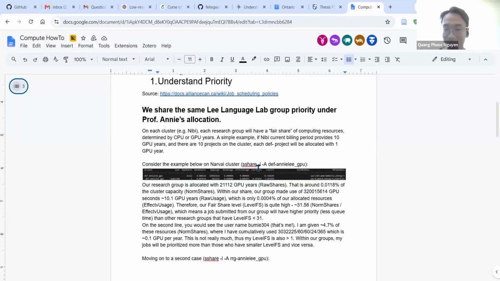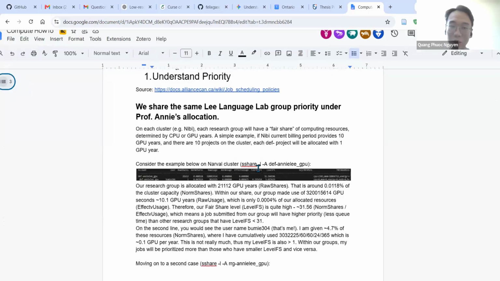The most important piece of information you need to understand is that we are all sharing the same computing resource allocations under Prof and his research groups. So that means if our research group has low priority, our queued jobs in general will have longer queue time to be accepted compared to other research groups in Canada.